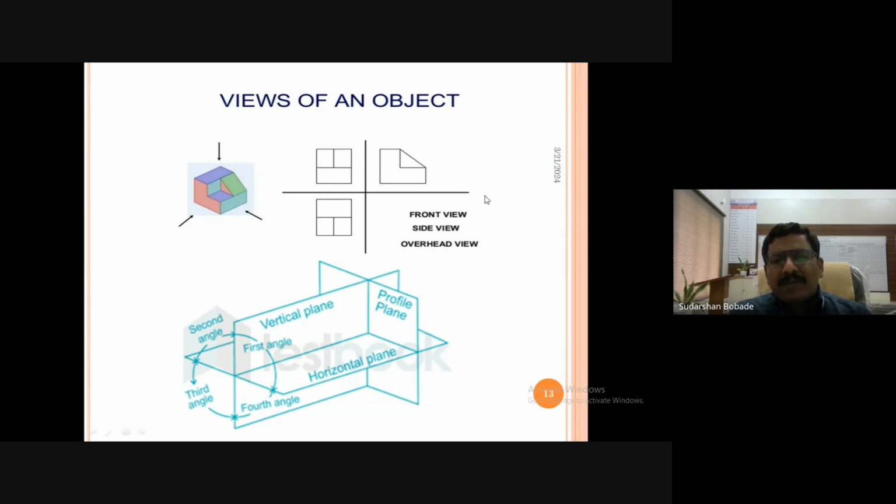We all are aware that front view, side view, overhead view are the normal views available. But along with that, if I'm talking about the first angle, second angle, third angle, fourth angle drawing practices, we are supposed to provide as many possible views as we can for the grant. So this is a very important parameter.